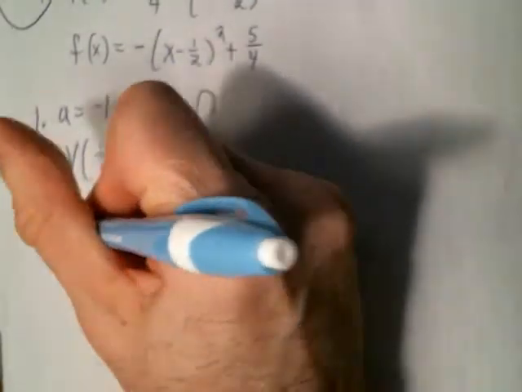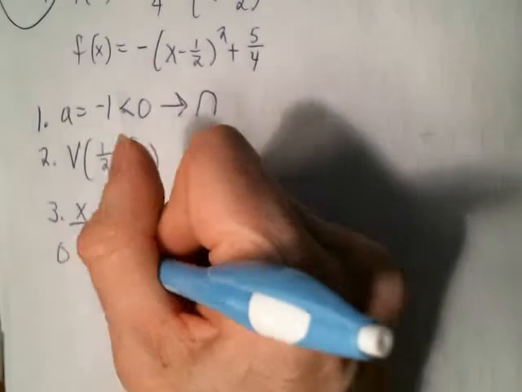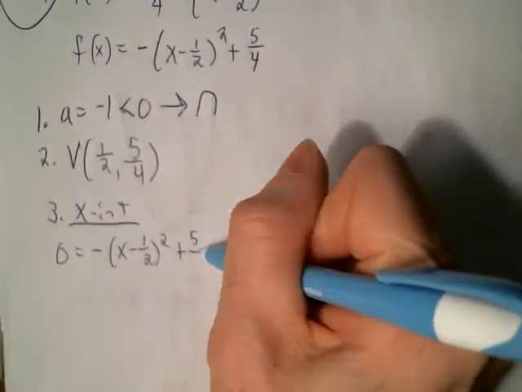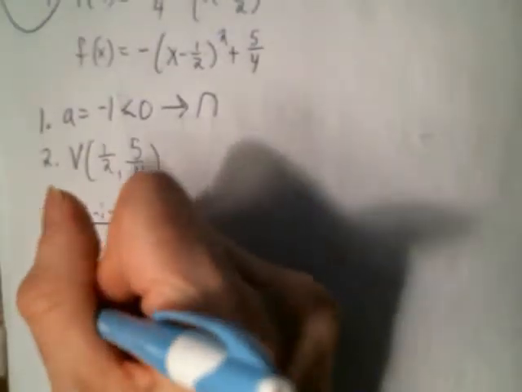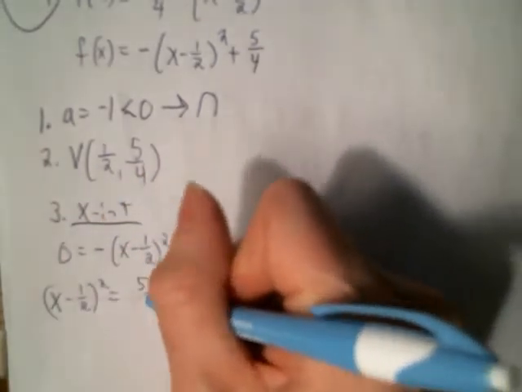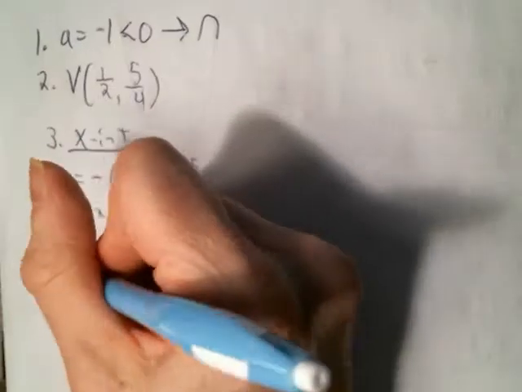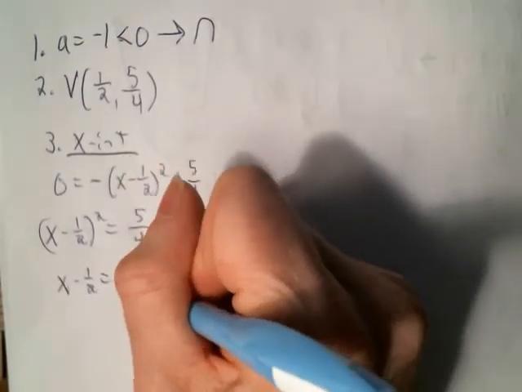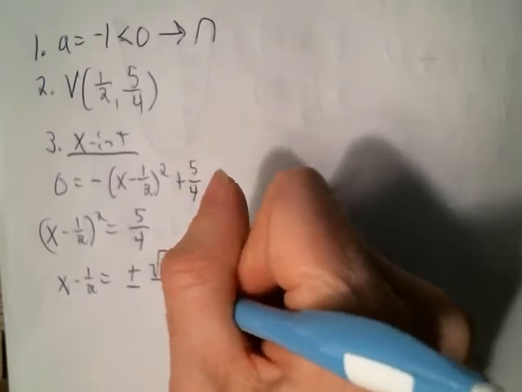X intercept then, you let y equal 0. So we'll have 0 equals negative x minus 1/2 squared plus 5/4. I'm going to move this stuff to the other side, so I have x minus 1/2 squared equals 5/4. Square root property says x minus 1/2 is plus or minus square root of 5/4. The square root of 4 is 2, so this will just end up being square root of 5 all over 2.